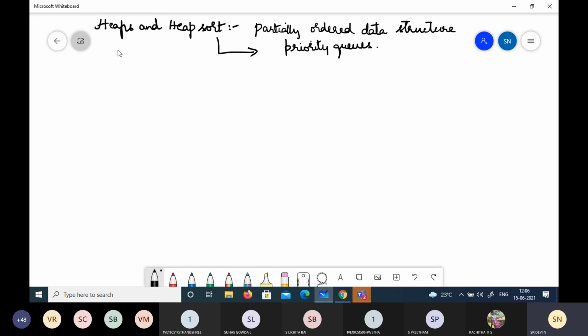So this heap can be defined as a binary tree. You know what is meant by a binary tree, right? What is a binary tree? In your own words, you reply. What is a binary tree? Yes.